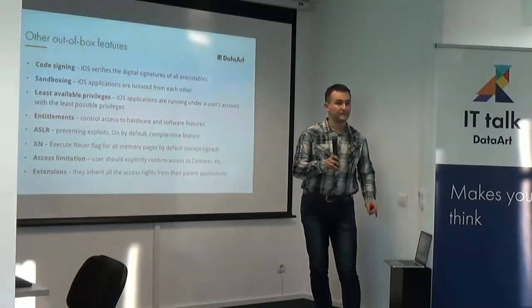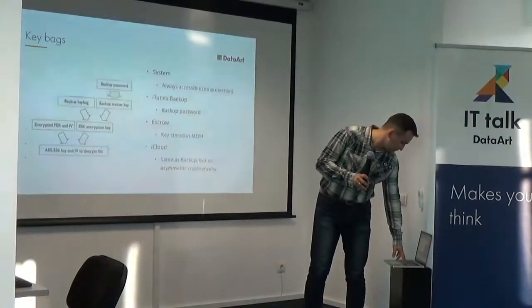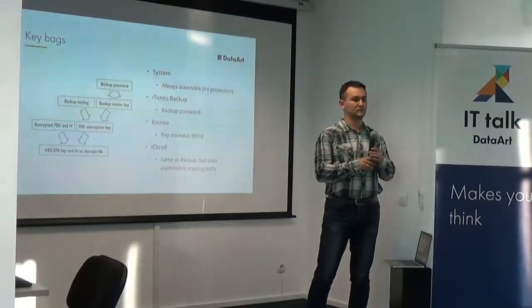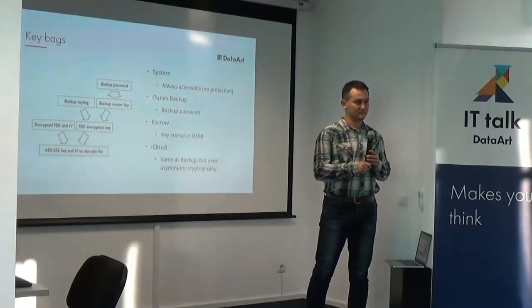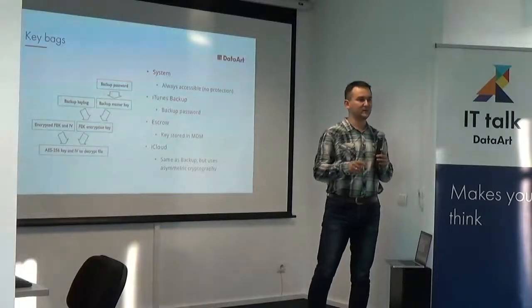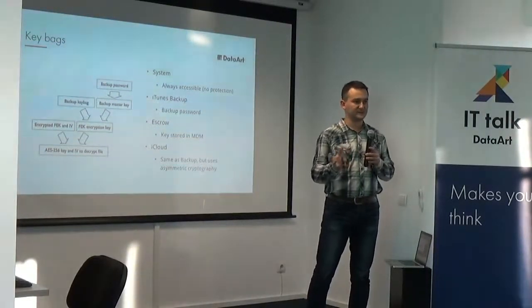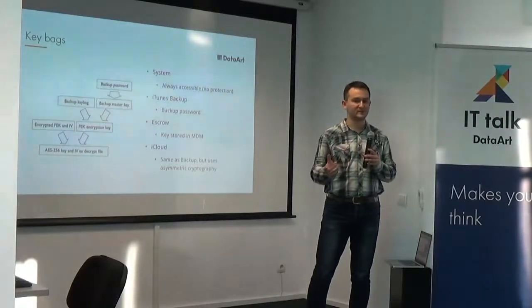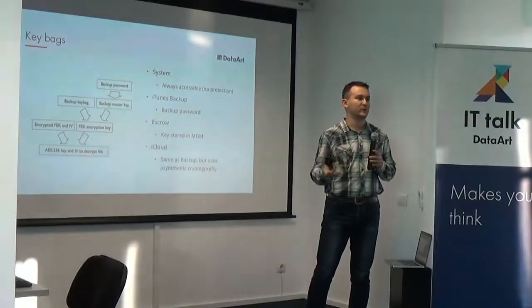I want to back up a little bit about the file system encryption. So the files are basically always encrypted. You access them, and depending on the policy, they might be decrypted. The only difference between these encryption mechanisms is the policy, how the actual file encryption key is wrapped.